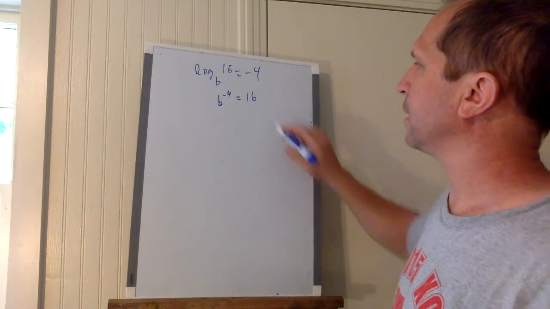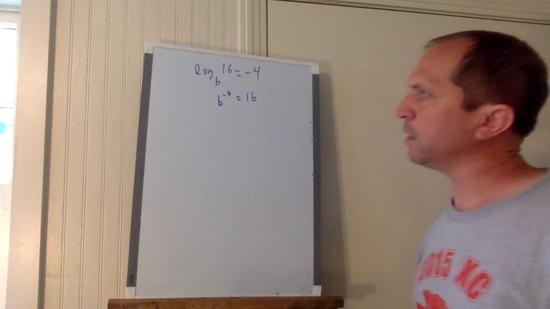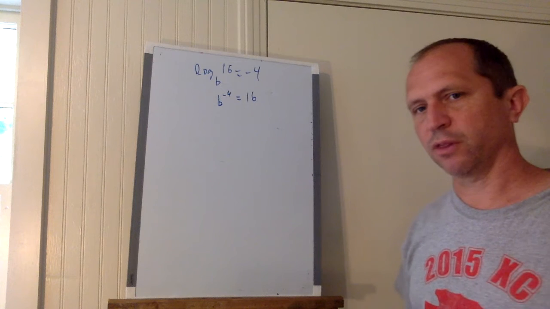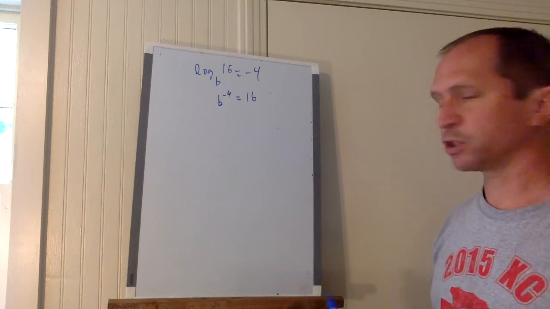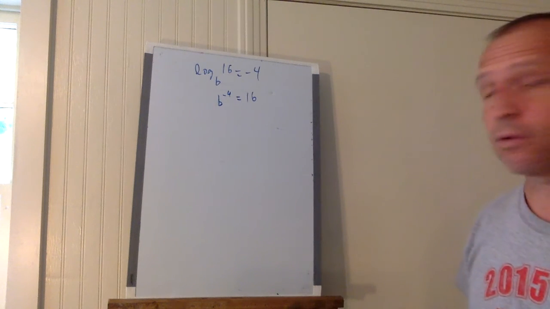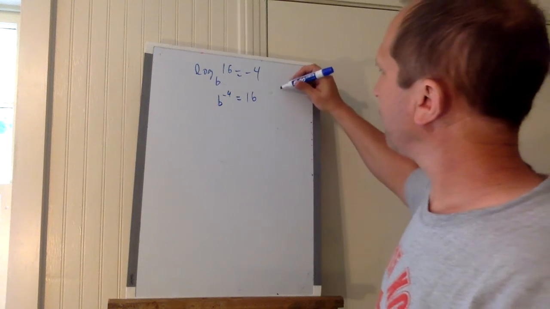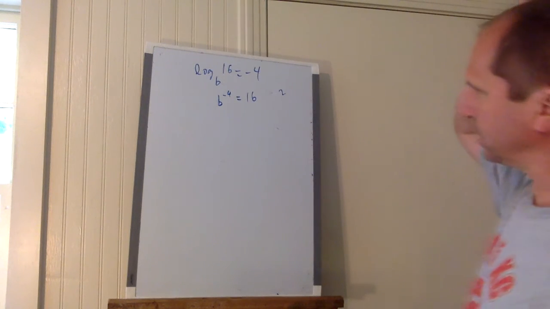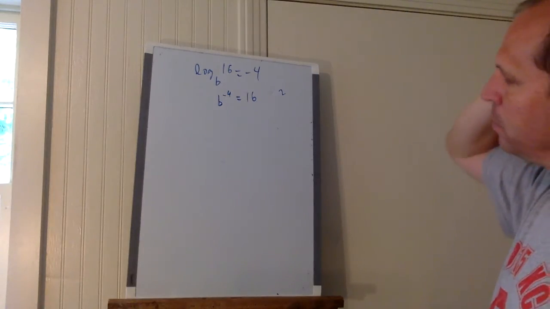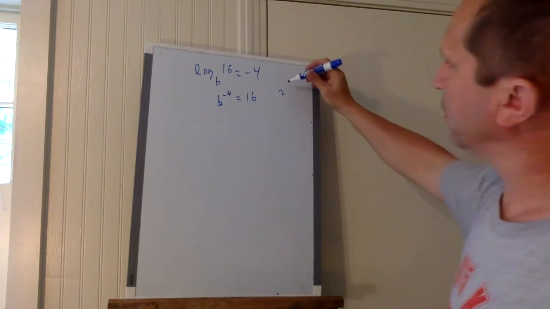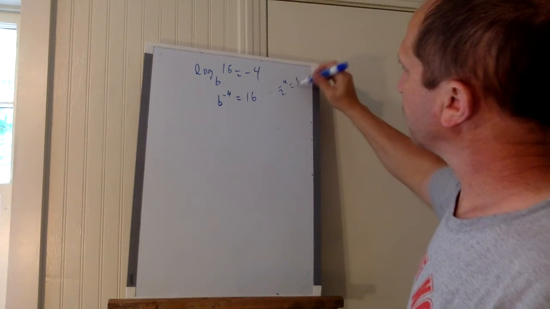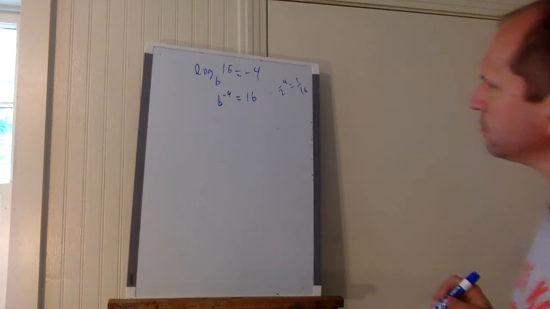But we've got b to the negative 4th is 16. Well, think about what this is. 4 squared is 16, but also 2 to the 4th is 16. So I'm going to start messing around with 2 and seeing what I can do with 2. If I do 2 to the negative 4th, that's 1/16, right?